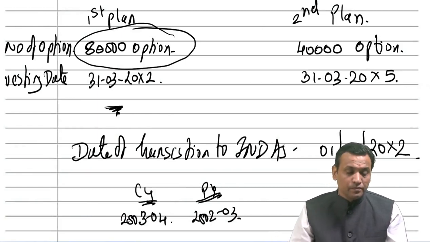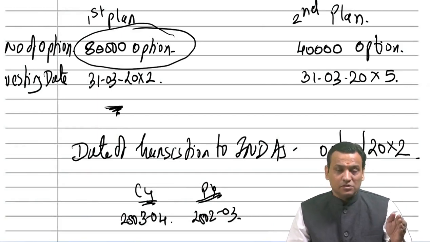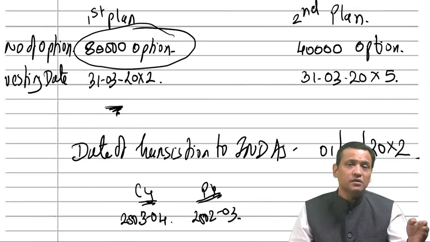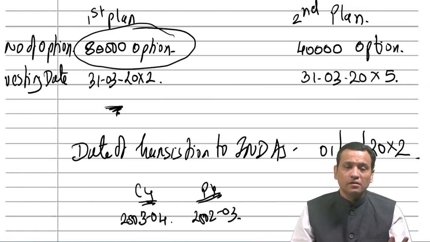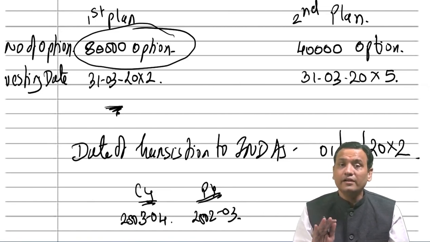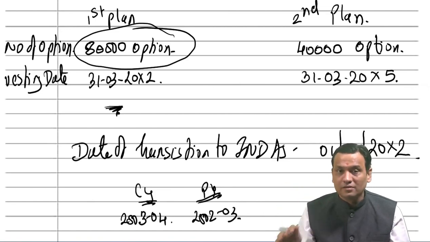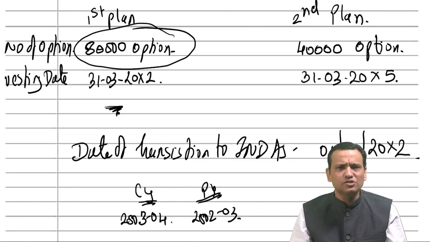Now, if the entity would have applied the principles of IGAP, that is the ESOP guidance note, then as per Ind AS 102, for the options which have been vested, your exemption is available. But the entity did not apply the requirement of IGAP, that is accounting standards, or to be precise, the guidance note.